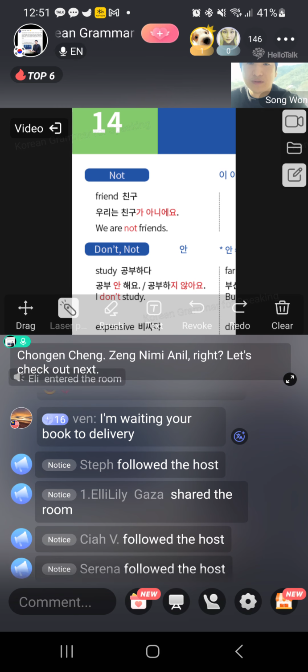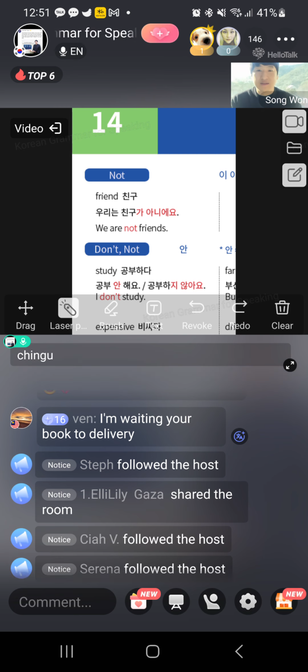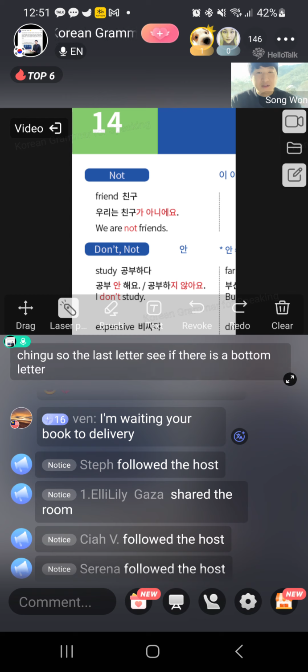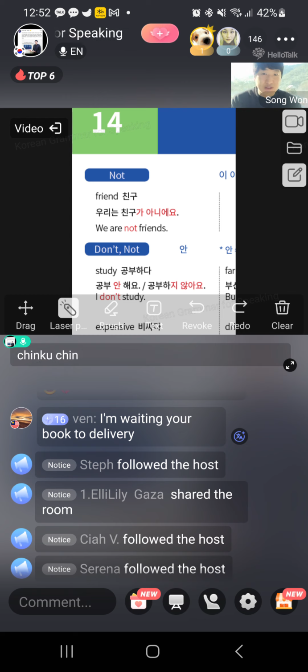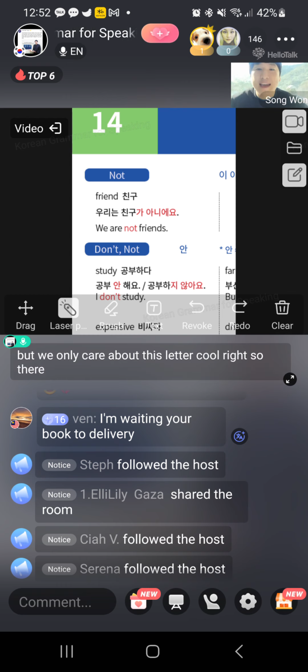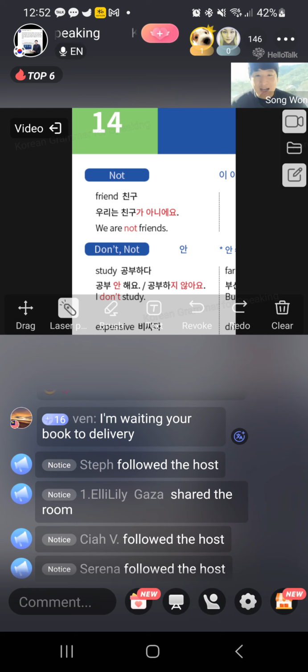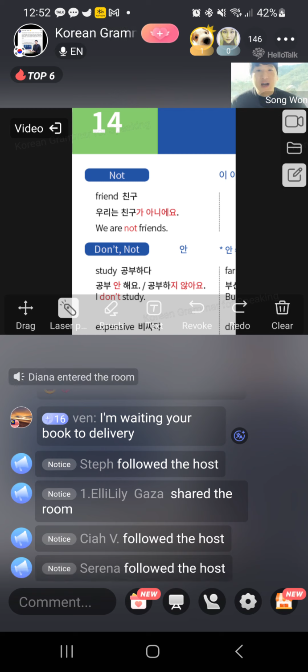Let's check out the next word. 친구. See if there is a bottom letter or not on the last letter. 친 has it, but 구 doesn't, and we only care about this letter 구, right? So there isn't. That's why we want to add 가 아니에요. So 친구가 아니에요.